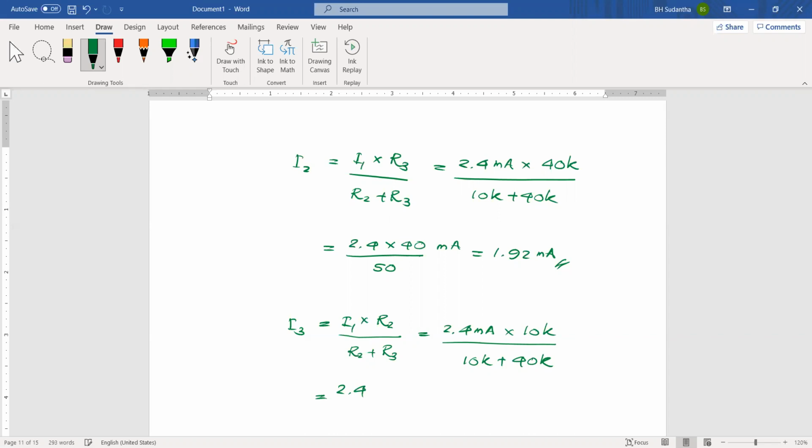It's 2.4 into 10 divided by 50K. It's 0.48 milliamperes.